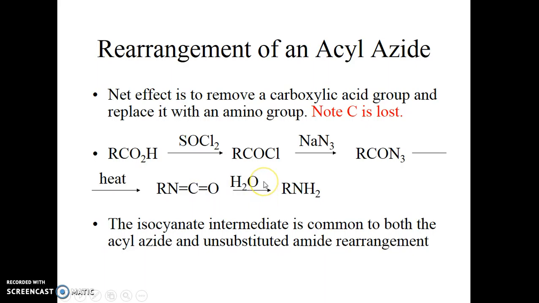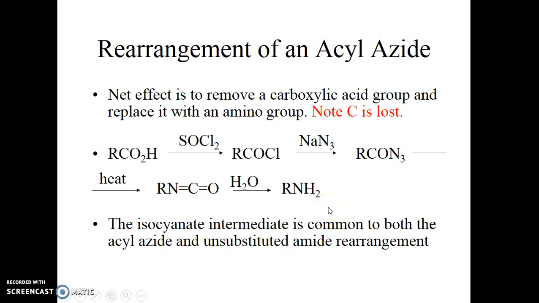If you treat the isocyanate with water, it then forms the carbamic acid, which loses carbon dioxide to form this primary amine. So what we see in both of these is an isocyanate intermediate, and in both of them what happens is the R group swings over onto a nitrogen to form the primary amine.